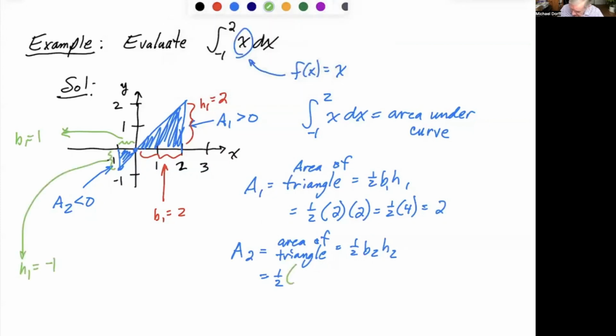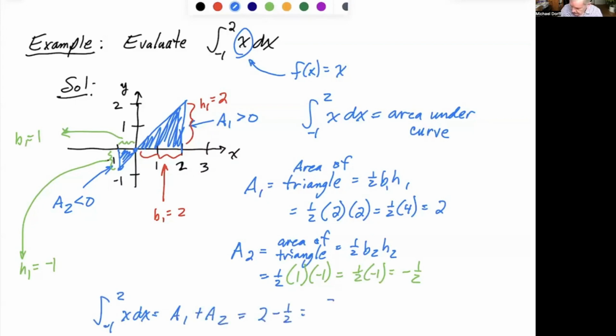So we're going to get 1/2 times 1 times -1, which is -1/2. And that helps you maybe see why, if the curve goes below the x-axis, the area is negative. Okay, because my height there is a negative number. So what is the integral then from -1 to 2 of x dx? Well, it's going to equal A1 plus A2, which is going to be 2 minus 1/2, which is 3/2.